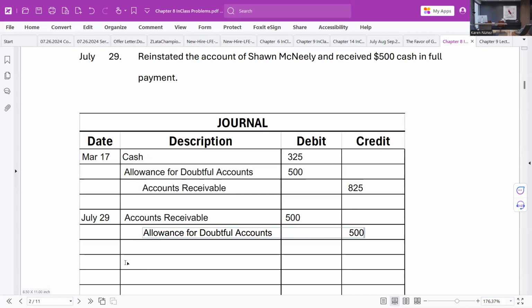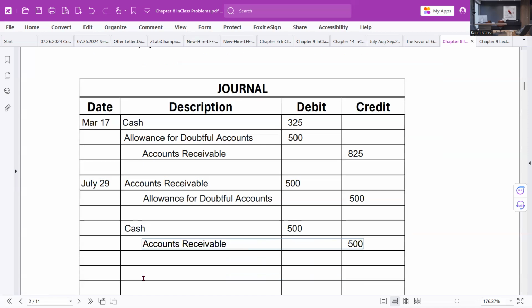And then we show the collection. We recover the cash, so debit the cash account for the 500 and remove that receivable again. And that's a write-off using the allowance method.